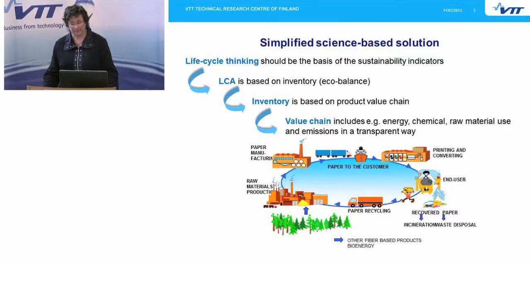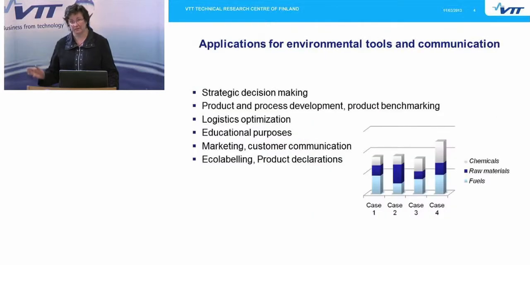Then the product, which is in this case newspaper, goes to the end user, who, if environmentally friendly, will recycle it. It goes to a recycling phase, or it is incinerated, or it just is thrown away, which means that it goes to a landfill. So this kind of value chain information usually is needed for all the processes.